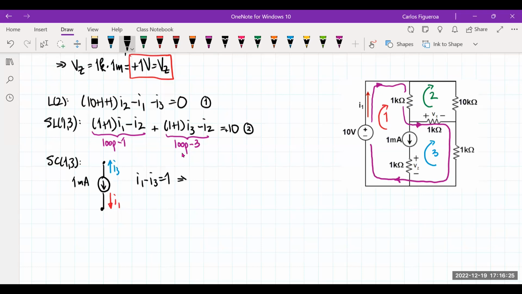And this is in matrix form. So this is equation 3 here. Once again, let's look at this: this guy is with the current source, and this guy is against the current source.